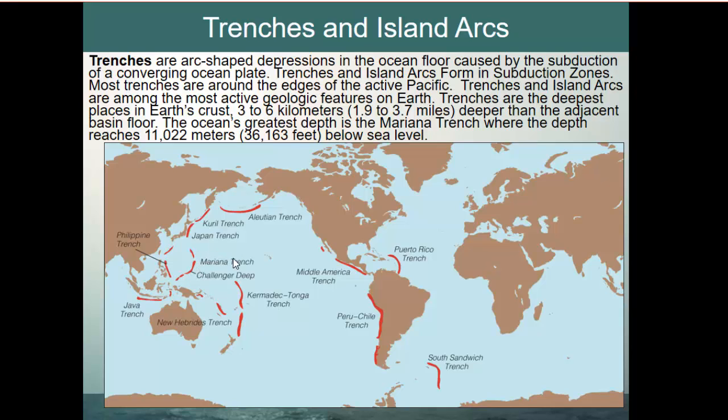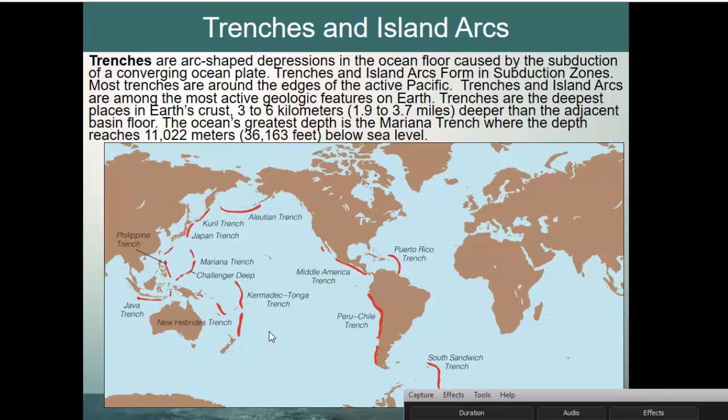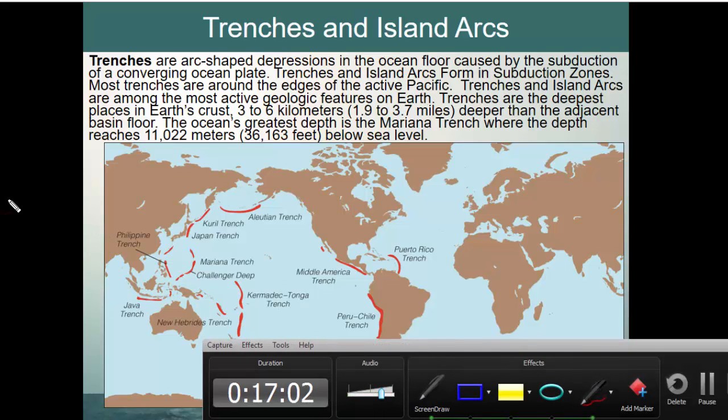And literally, this is where two oceanic plates are converging. And when those oceanic plates converge, so here's one, that's the younger and the less dense, and here's the older and the more dense because it's colder.